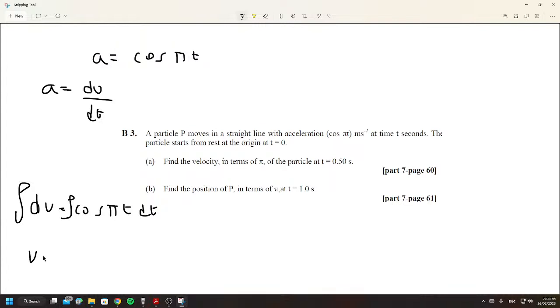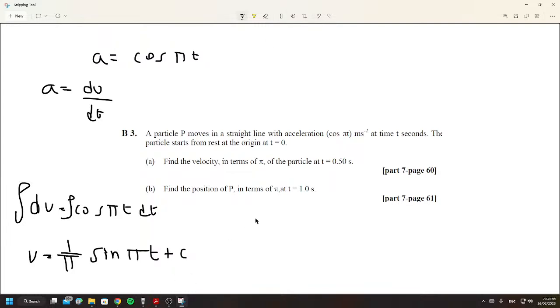So v is equal to, what's the integral of cosine? Sorry, cosine is sine. So 1 over pi sine pi t, plus c obviously.